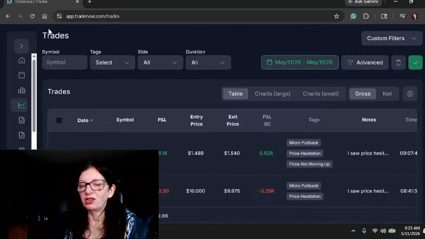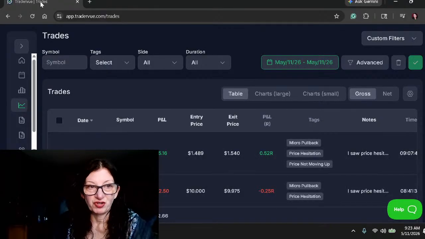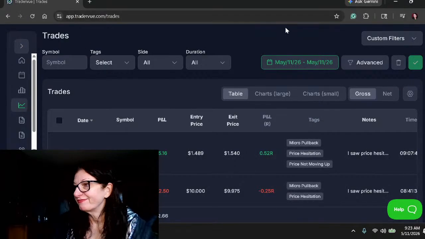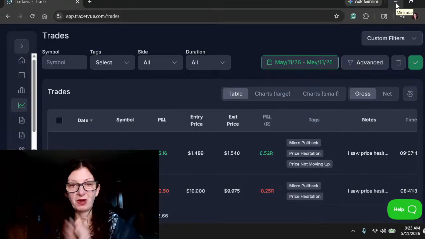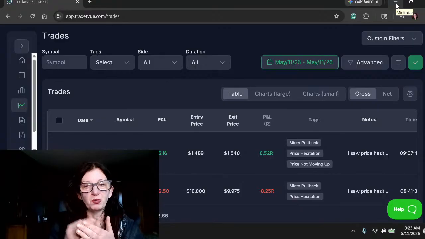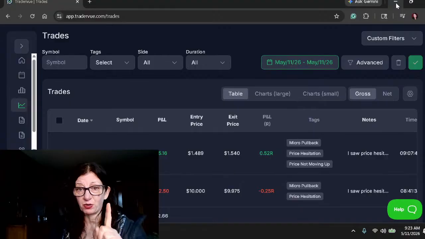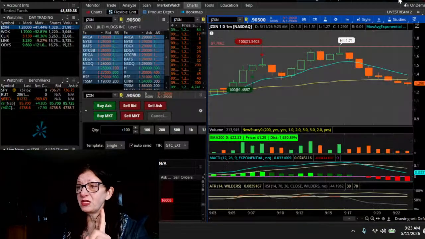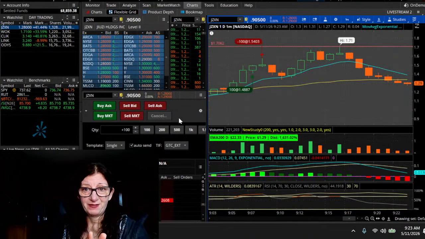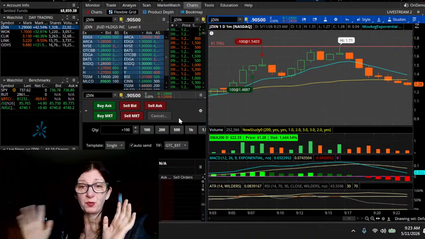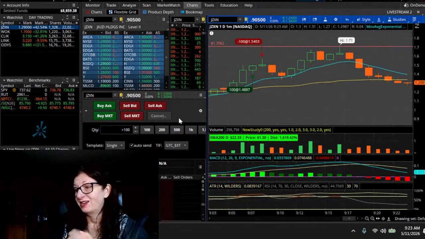I am getting a lot more detailed in journaling my trades. So not only so that I can do my recap, but because I really want to make sure I'm thinking through the process of my exit indicators because that's my goal this week. My goal this week is to work on my exit indicators again because I can't move up unless my winners are bigger.